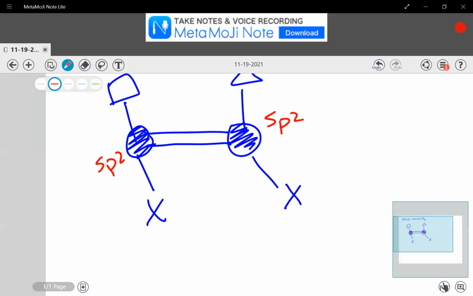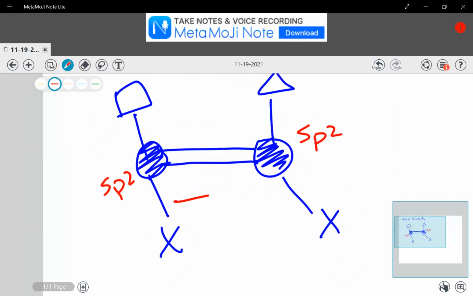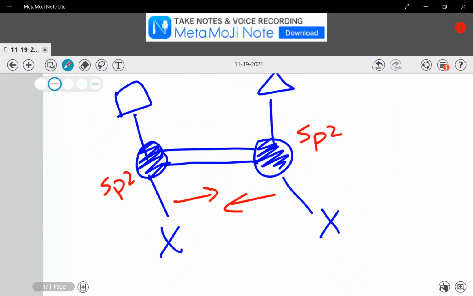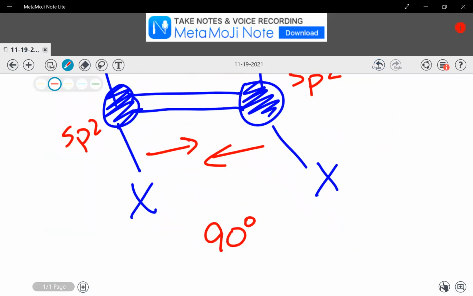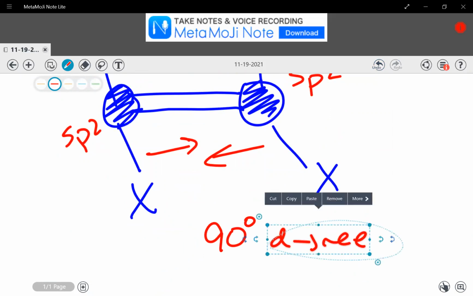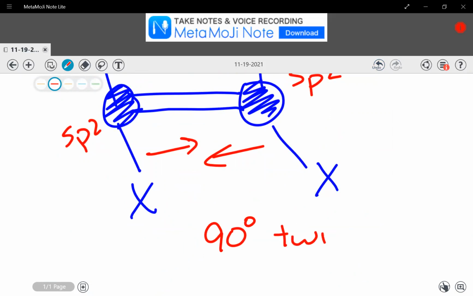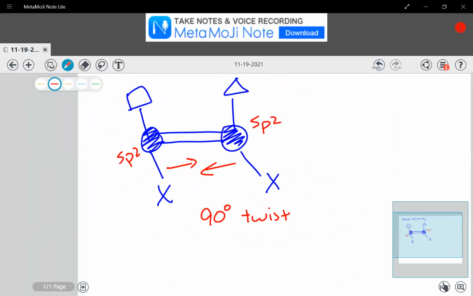You see, these sp2s, they're kind of like facing each other. You know, they're both looking this way, and what that creates is a 90-degree twist. What on earth does that mean?